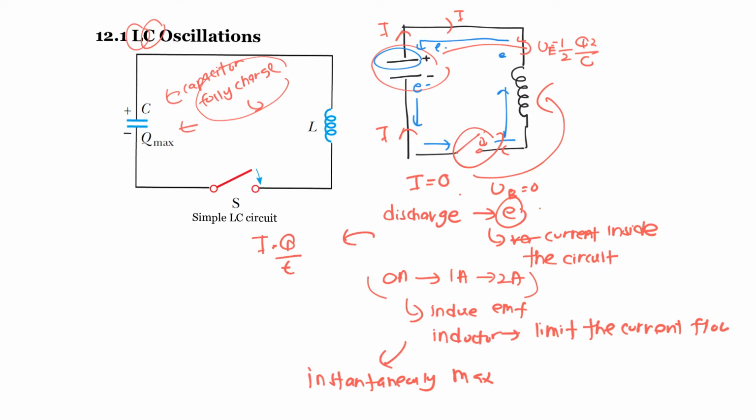The current slowly increases because the induced EMF produces a magnetic flux that opposes the change in the current. The energy stored inside the capacitor will be reduced.